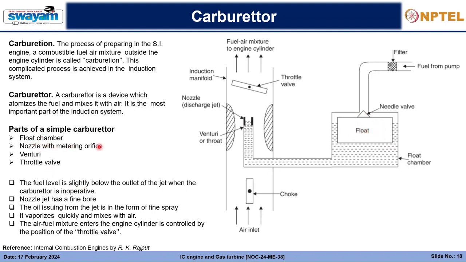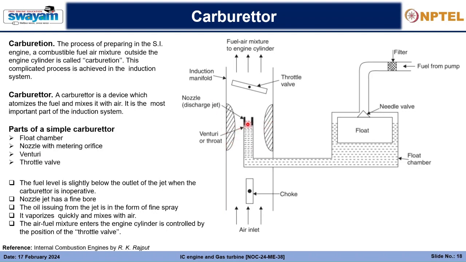Then we have the nozzle, or metering orifice. This is the nozzle having the discharge jet. From the nozzle, the oil is sent into the whole carburetor arrangement, and we have a venturi here. A venturi means a region of very small area, or an area difference.